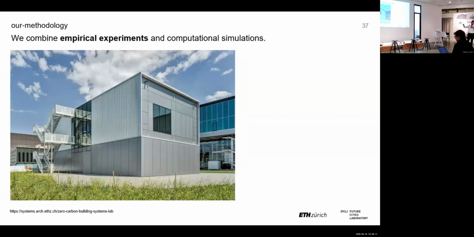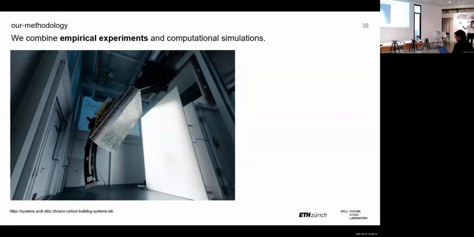Another example is in the chair. This is ETH again. You see our buildings behind, and there's a small building in front of it, which is the zero carbon building system lab, with artificial sunlight, artificial solar simulation. Imagine you printed a new building facade material and you want to study its thermal attributes.